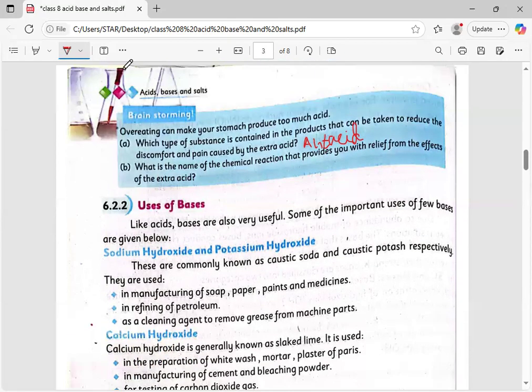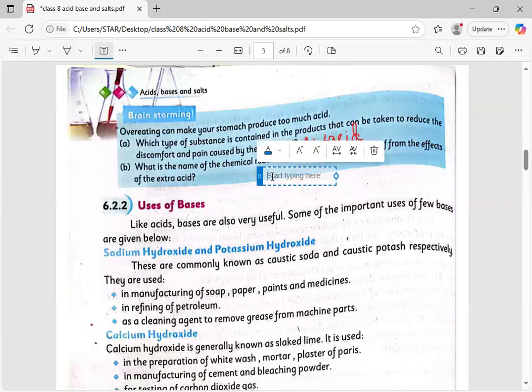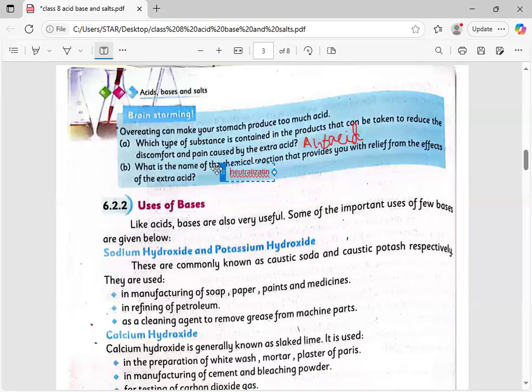So, any one of you students guesses? What is this? This is basically the neutralization reaction. Okay, students, now you have to remember this, that the chemical reaction that provides you relief from the effects of acid is called the neutralization reaction.